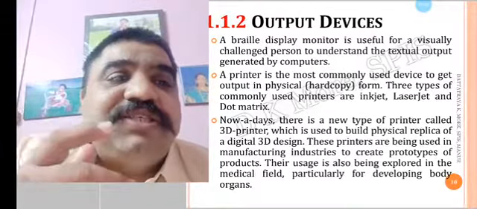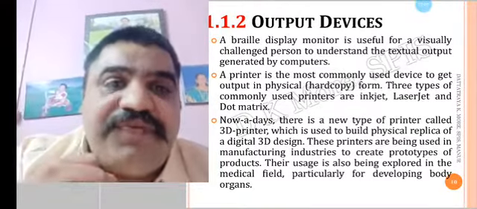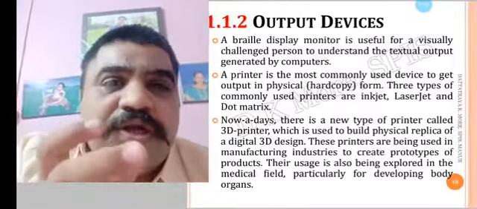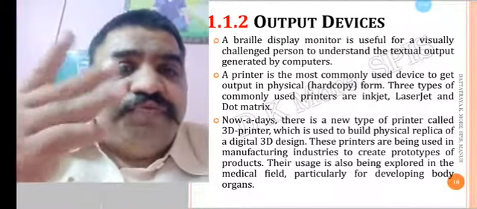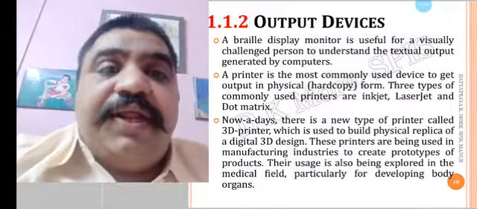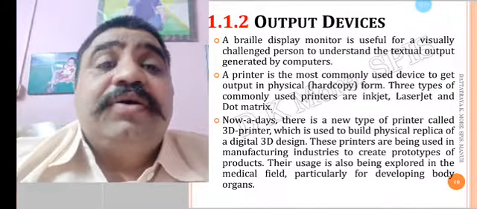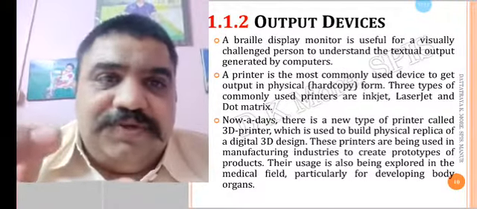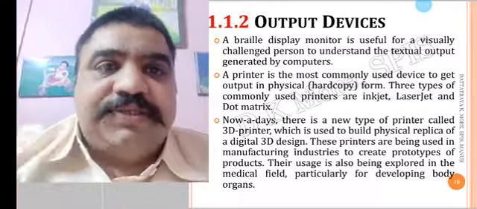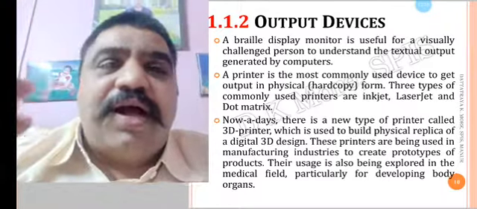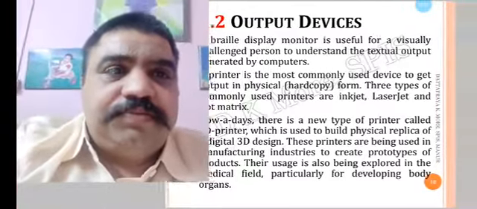Their usage is also being explored in the medical field for developing organs like legs, hands, fingers. These things can be printed, and that will be the option, we can say, for fiber things, or any other metal things.